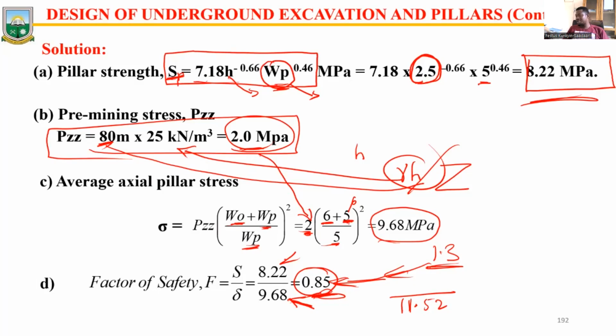And someone proposed increase the width of the pillar. So once we are increasing the width of the pillar, it will affect both the pillar strength and the pillar stress. So that is what we are doing. So we've tried it for the stress, and the stress has increased to 11.52. Let's go and check how it will affect the pillar strength too.